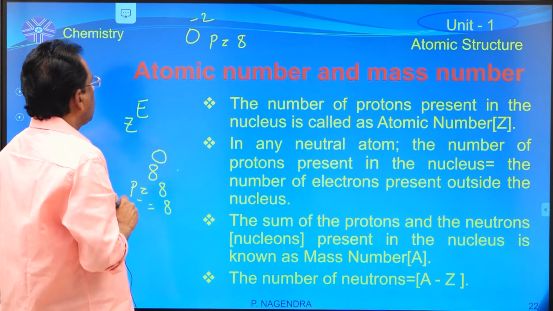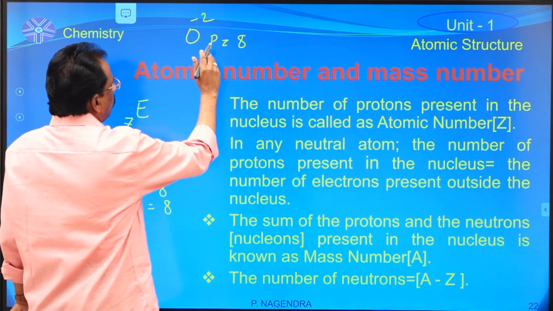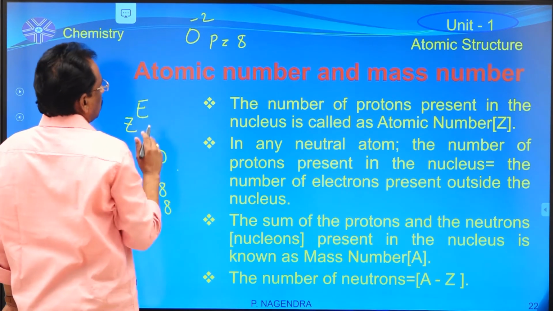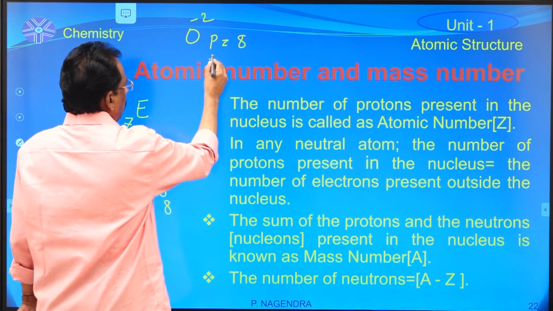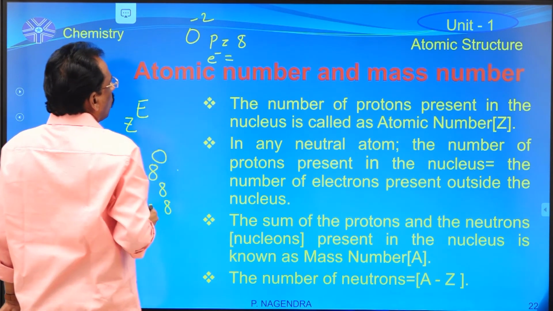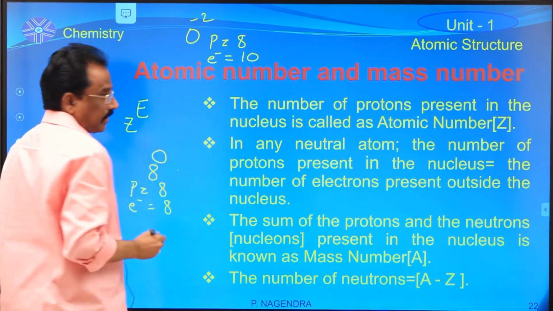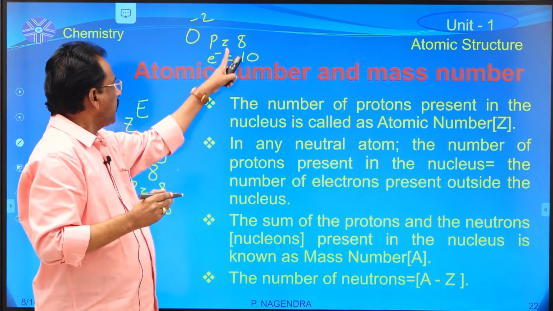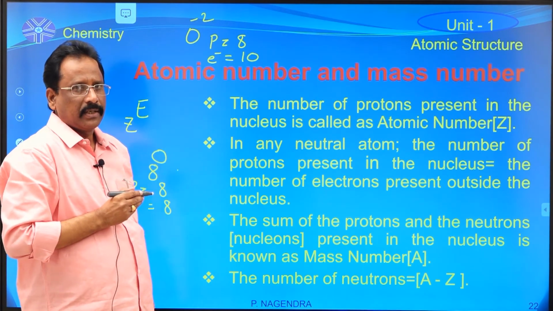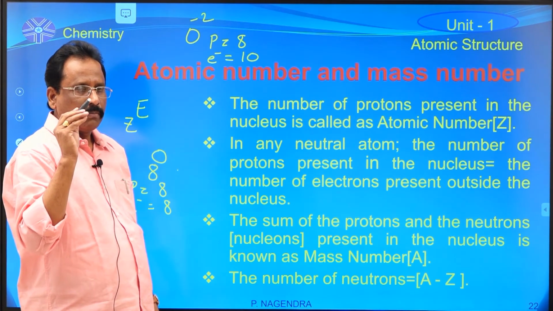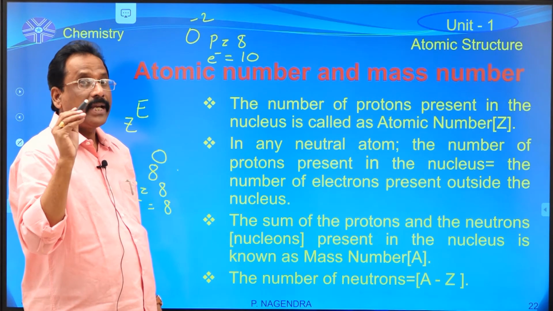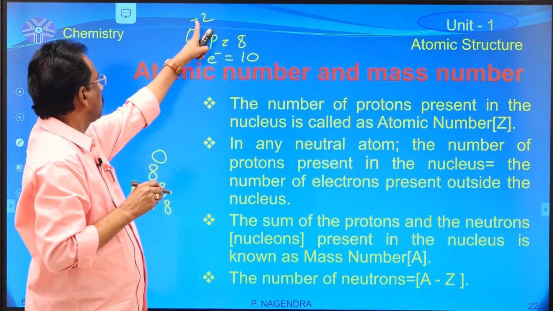That's why in O minus 2, the number of protons is equal to 8, but the number of electrons present in O minus 2 is equal to 10. This is plus 8 and minus 10, and by adding these two, minus 2.